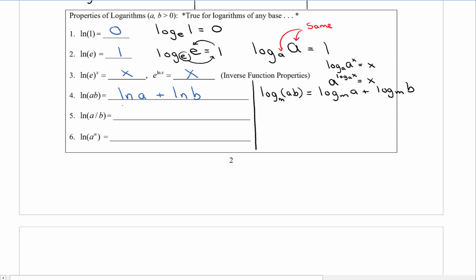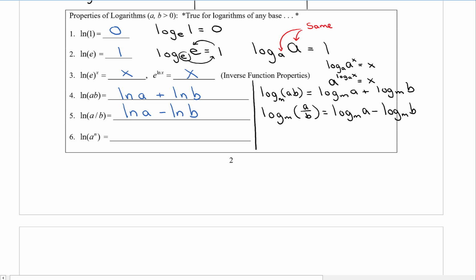That's going to be equal to the natural log of a minus the natural log of b. And the general one for that one is going to be the log base m of the quotient a divided by b is equal to the log base m of a minus the log base m of b.